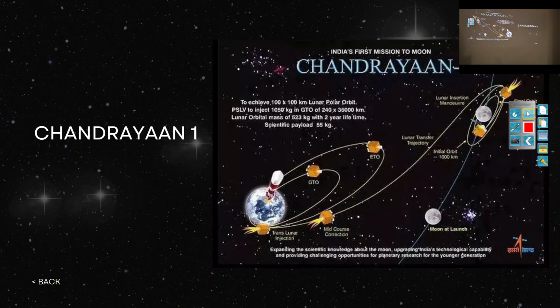Under Chandrayaan 1 you can write India's first moon mission, launched in 2008. The spacecraft orbited around the moon at a height of 100 kilometers.